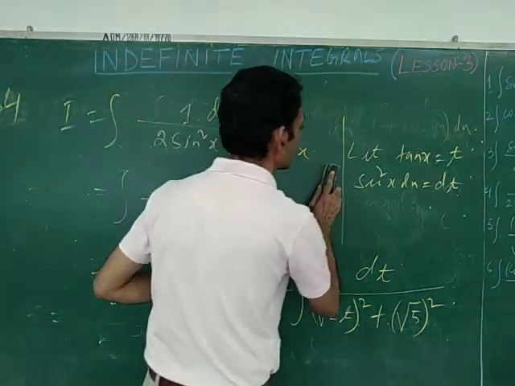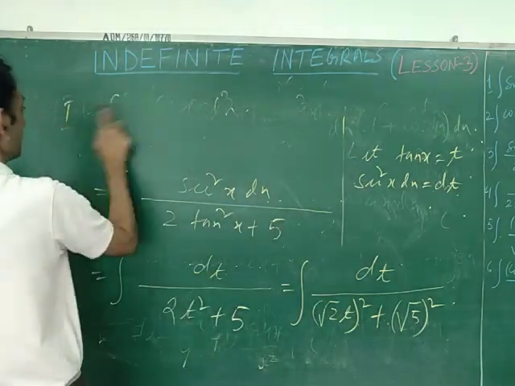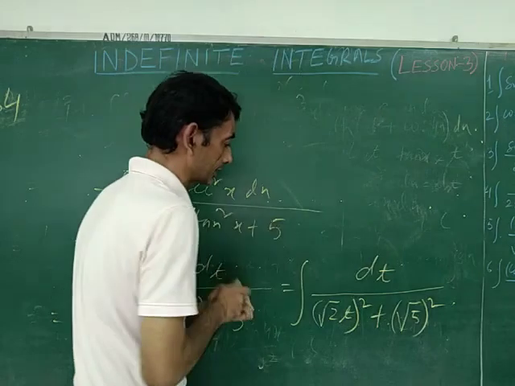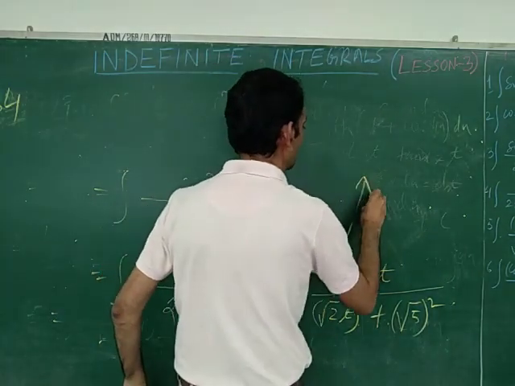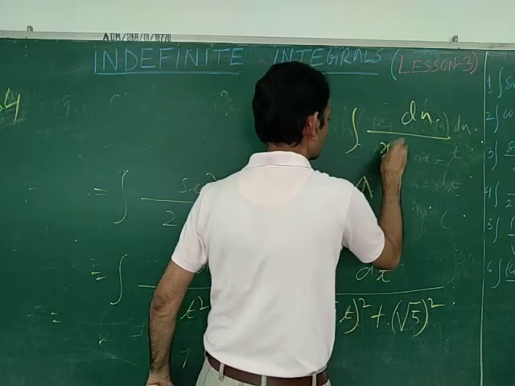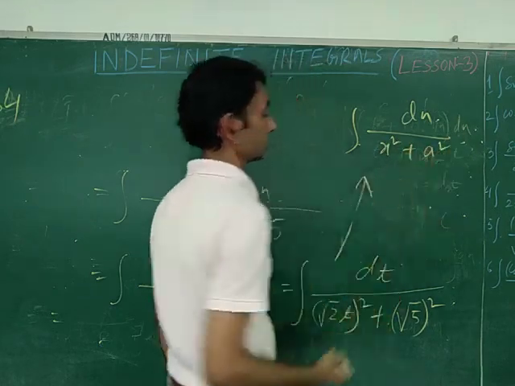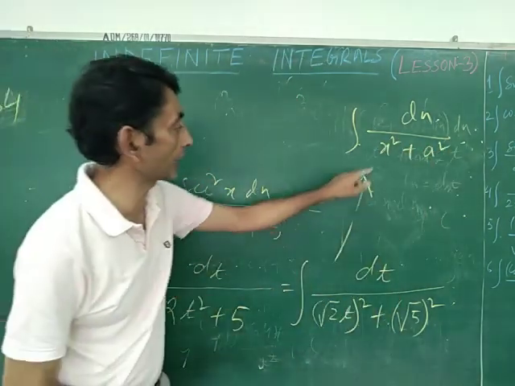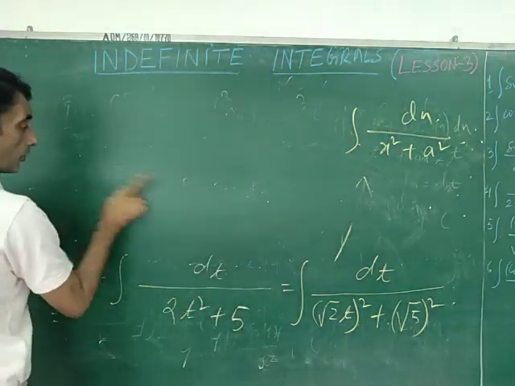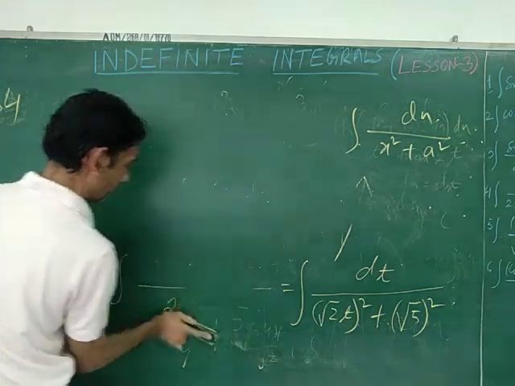So this is a standard integral. What is this standard integral? This is exactly similar to this form, dx by x square plus a square. So you can just write the answer for this integral.